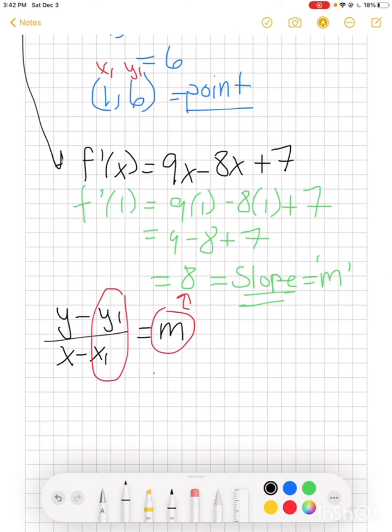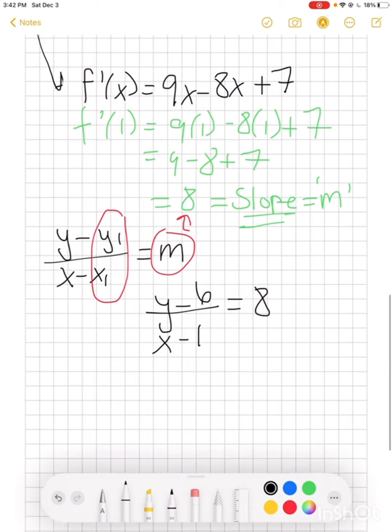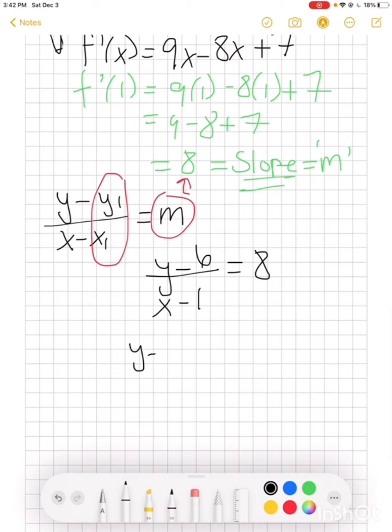So if we do some plugging and checking, we get (y minus y1, which is 6) over (x minus x1, which is 1) equals 8, our slope. And now we're going to multiply both sides by x minus 1. And we're going to get that y minus 6 equals 8x minus 8.